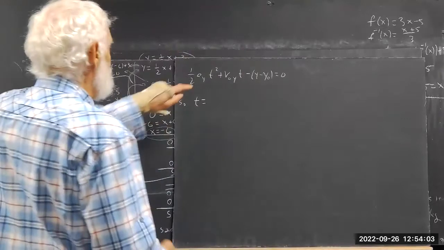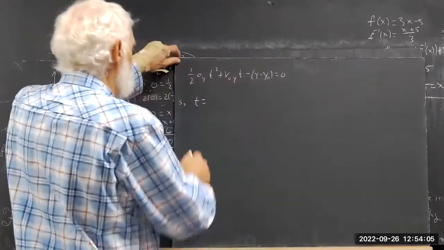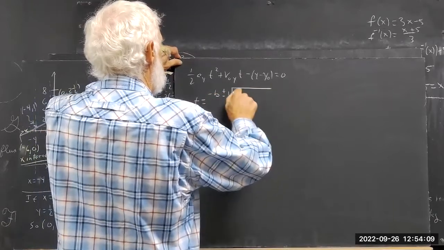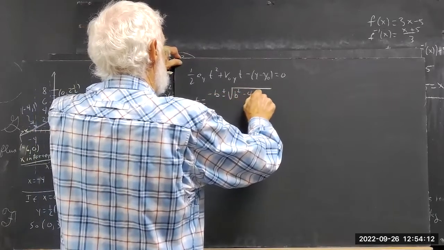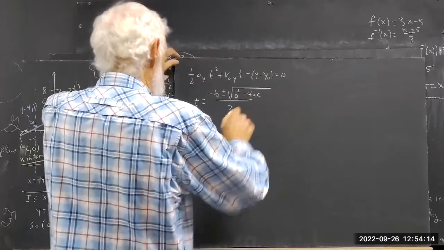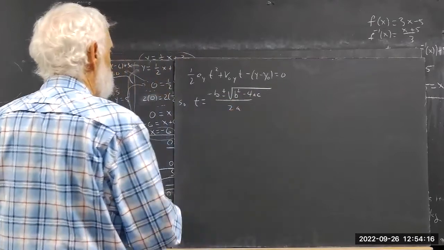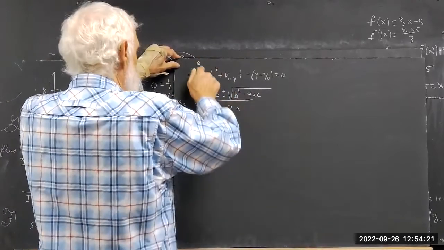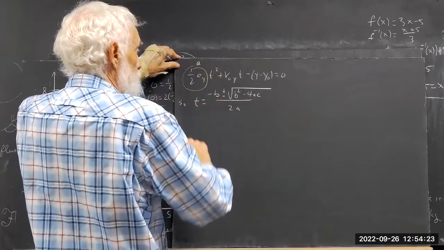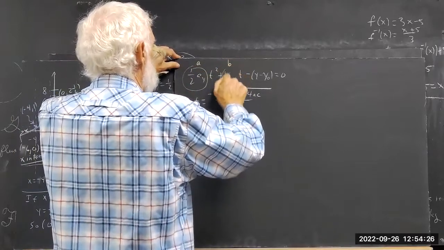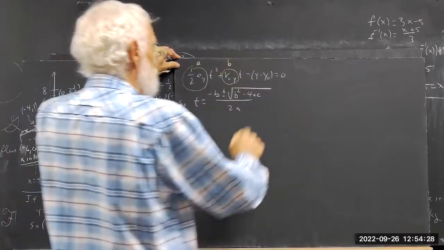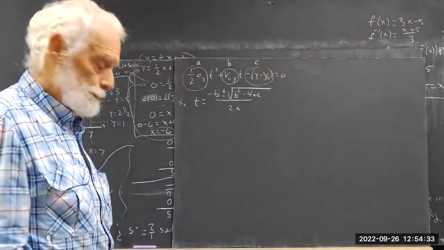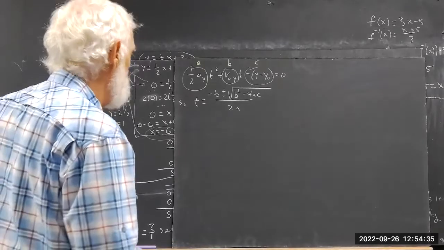Here's your A, here's your B, here's your C. A, not to be confused with acceleration, is the coefficient of t squared. B is the coefficient of t, and C is this. Okay, well, plug all that in.